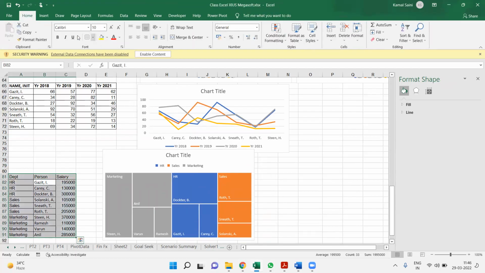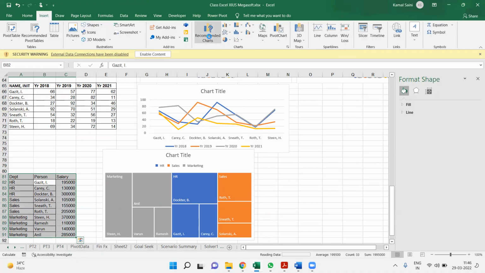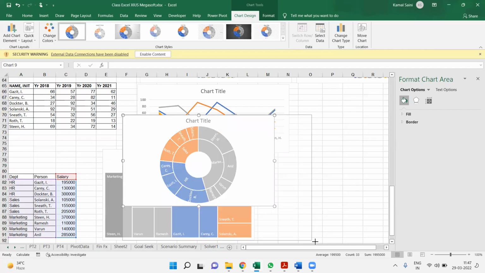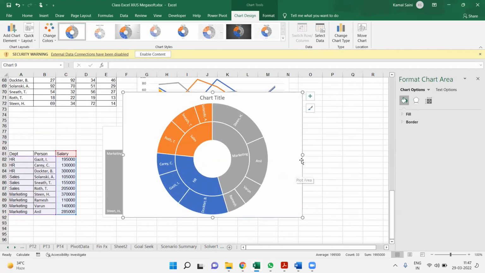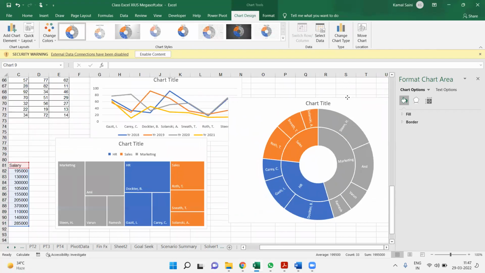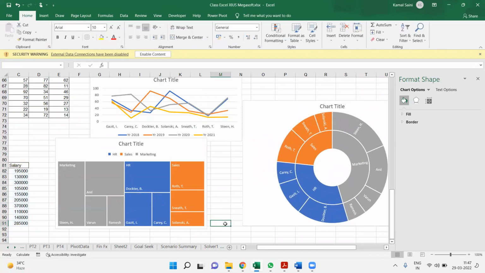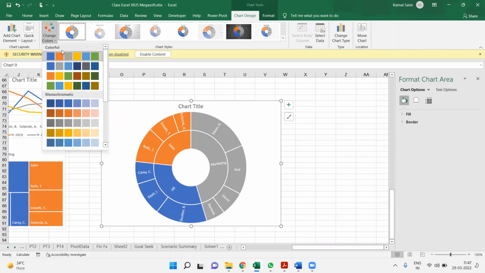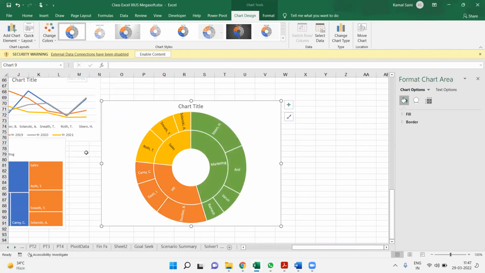Now this can also be represented in the form of a sunburst. So marketing has a major share, then comes the HR, then comes the sales.